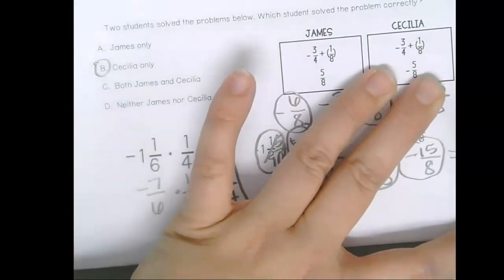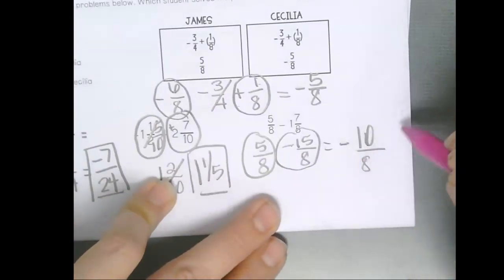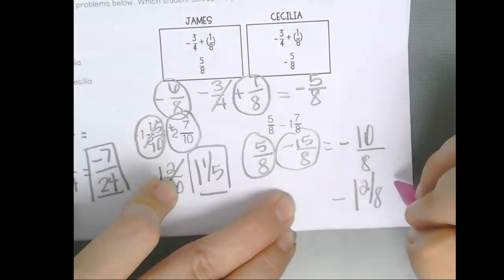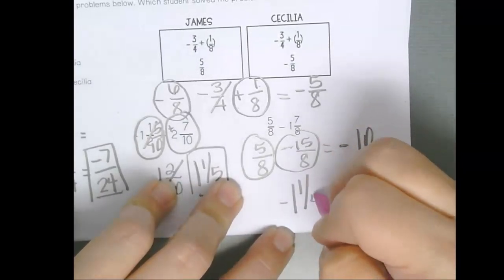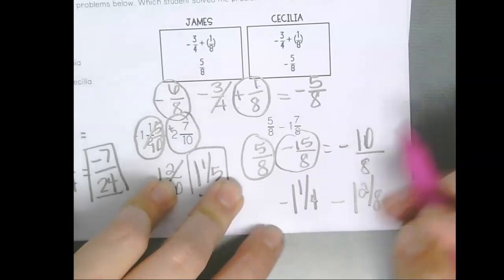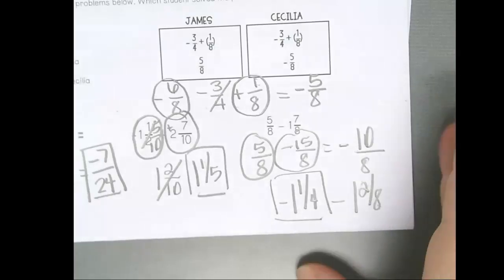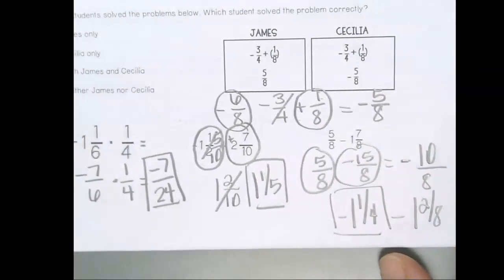When we combine those, we should have a negative 10. Oops, sorry guys. And then we can simplify that even further. This becomes negative 1 2/8, or negative 1 1/4 if we simplify it further, because those numbers are divisible by 2. Okay. All right. Go ahead and pause here and then come back when you have answered this bottom question.